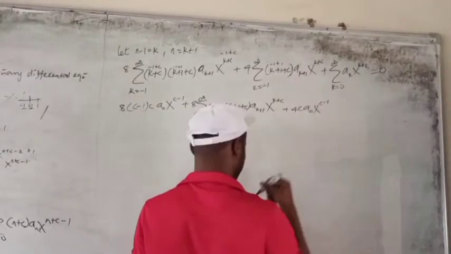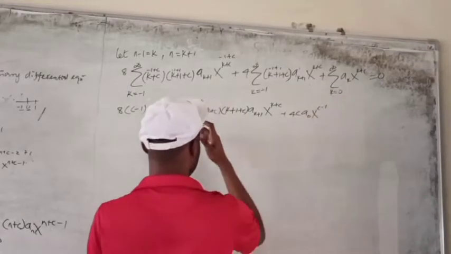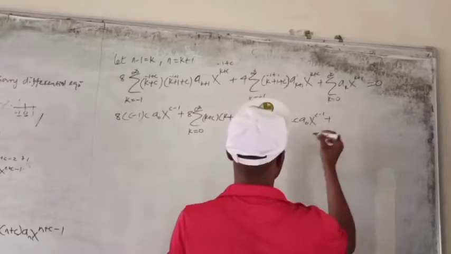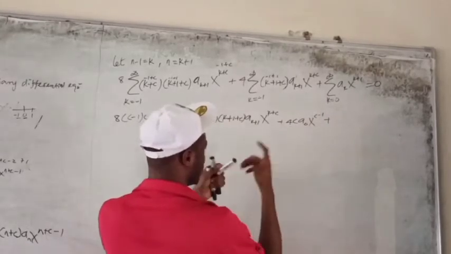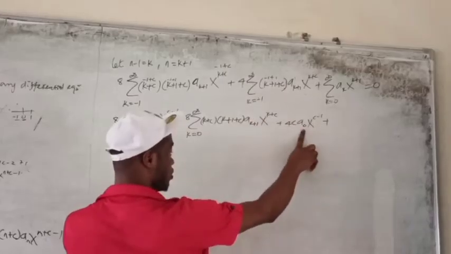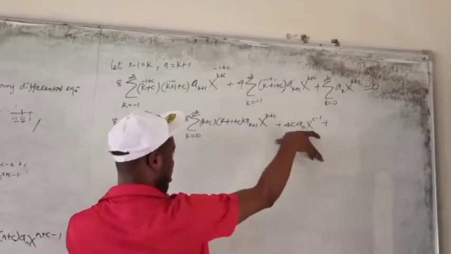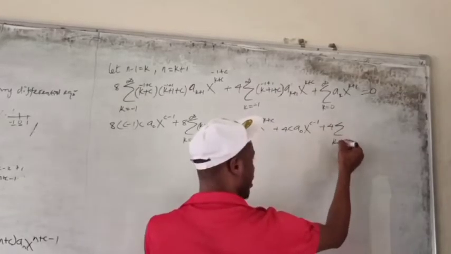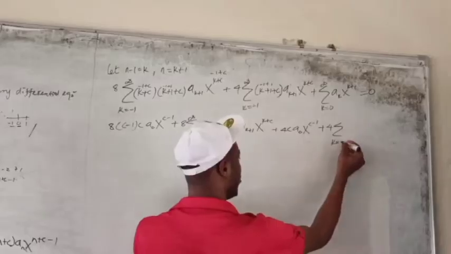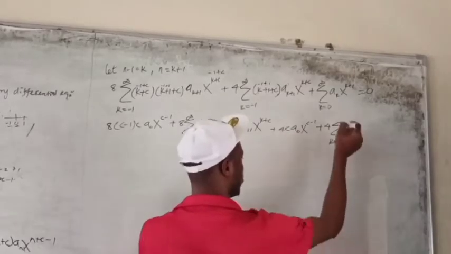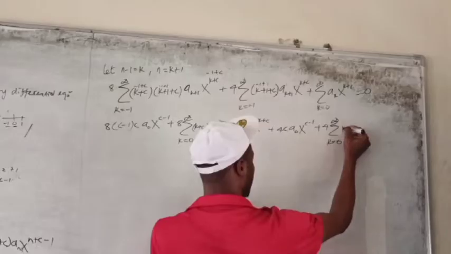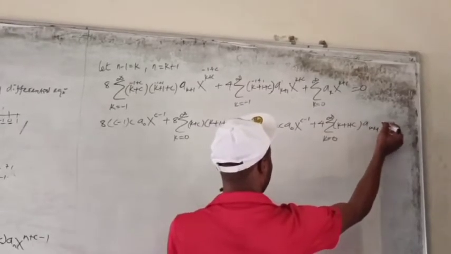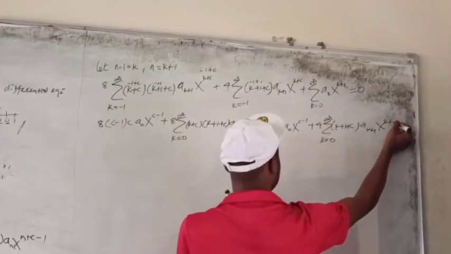And of course, I don't need to do anything on this one because my k is already the same. So I just have to bring it down. Since I've done it for k equals negative 1, I will bring this down. So I'm left with plus 4, summation of k not equal to negative 1 this time, but equal to 0 to infinity, k plus 1 plus c, a subscript k plus 1, x raised to the power of k plus c.